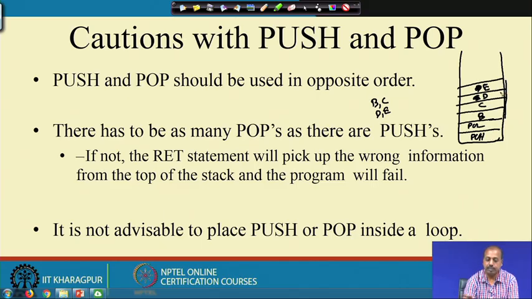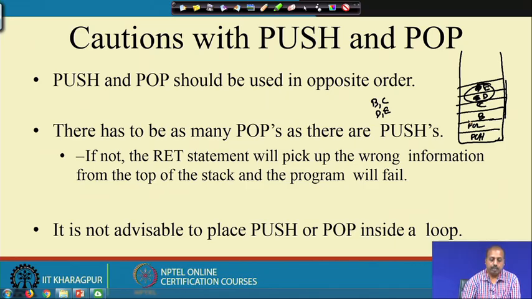If there is a mismatch between the pushes and pops, say I have just popped out these two by using a pop instruction and did not do any further pop, then the stack top actually contains the old values of B and C. Now, if you do a return, the C register value will go to PC low and the B register value will go to PC high, and that is dangerous. It will take your program somewhere else, not to the point from where the subroutine was called.